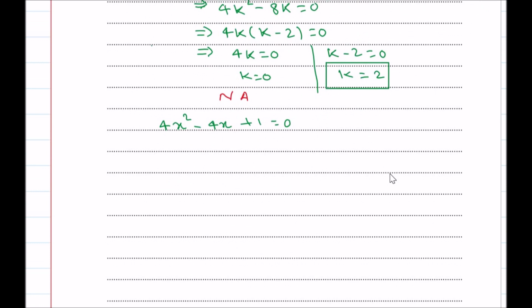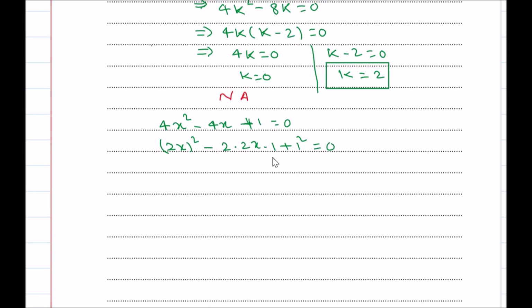Now, easily we can see this is a perfect square. Okay, because this can be written as 2x square, and this we can write 2 into 2x into 1, plus 1 square, that is equal to 0.